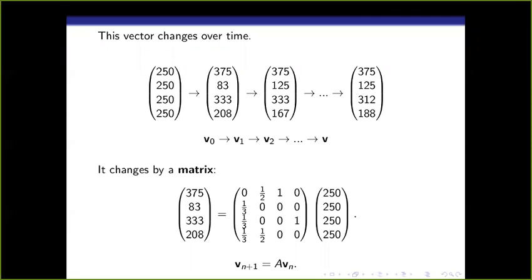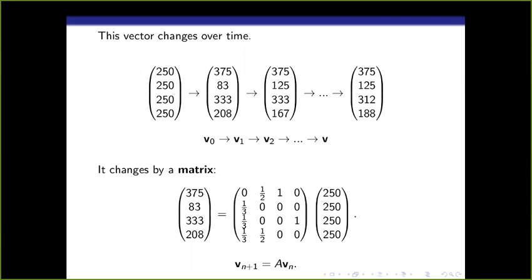Each time it changes by a matrix. If you've seen this before, it's a rule that takes each vector to a new vector. And how do I compute each entry of that new vector? It's a linear equation in the original vector. So this is the essence of what linear algebra is. You're studying linear relationships between variables. What makes it complicated is that there could be many variables.